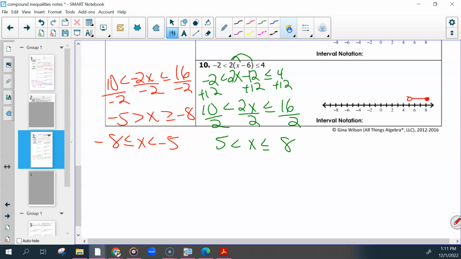Where does it end? Starts at 5, parenthesis or bracket. And then ends at 8 with a parenthesis or bracket.